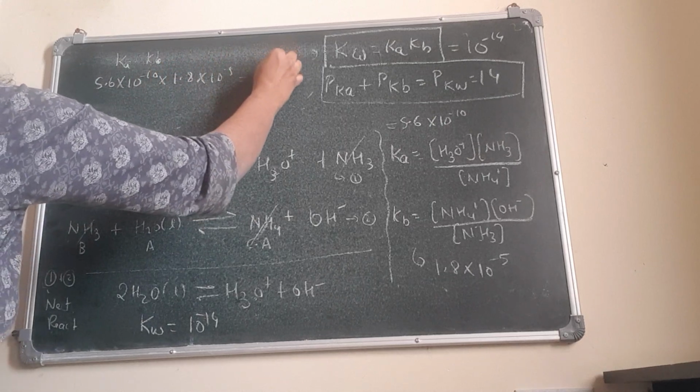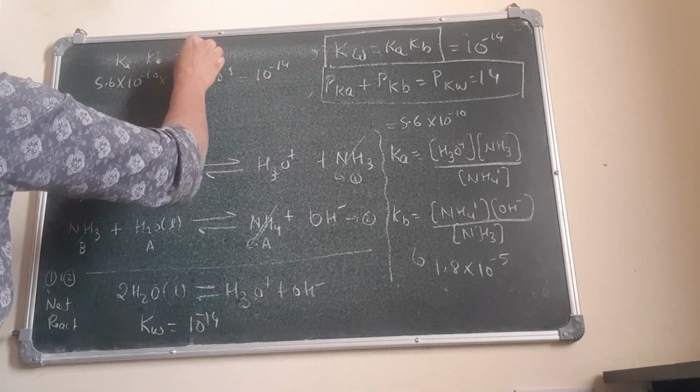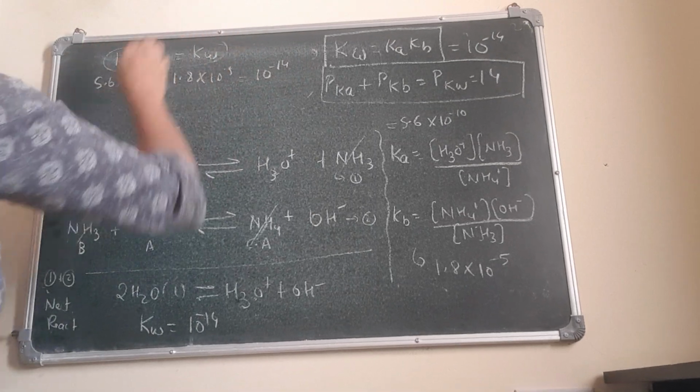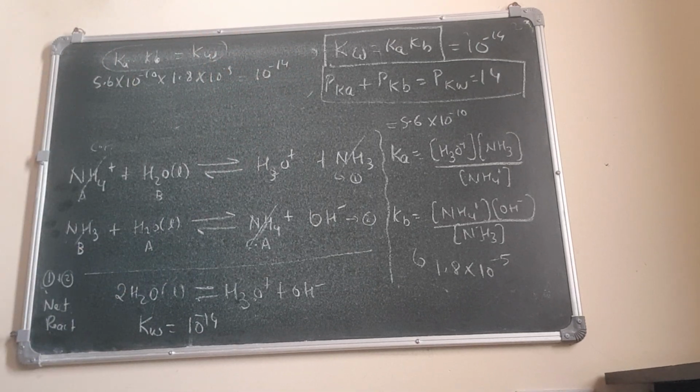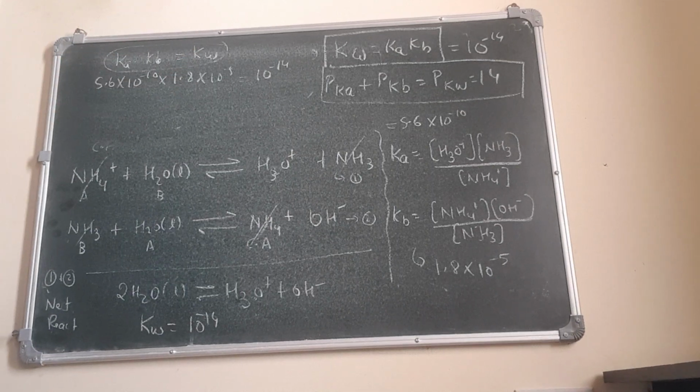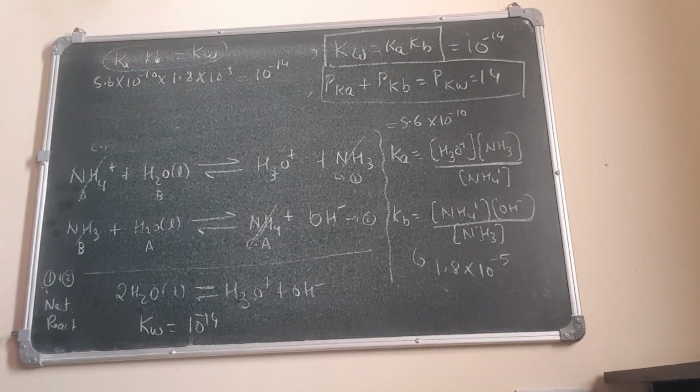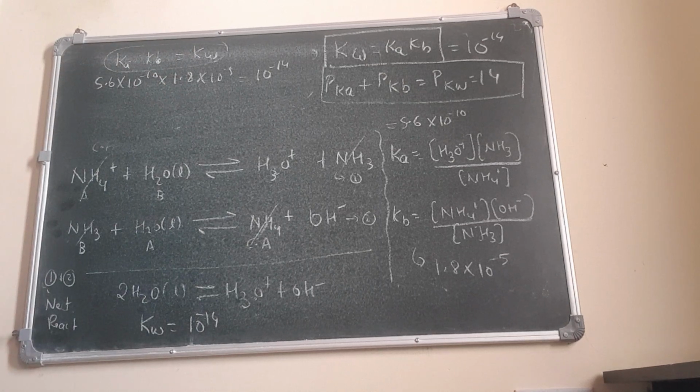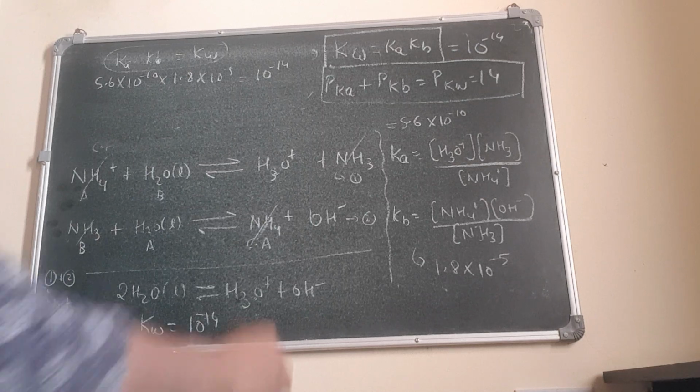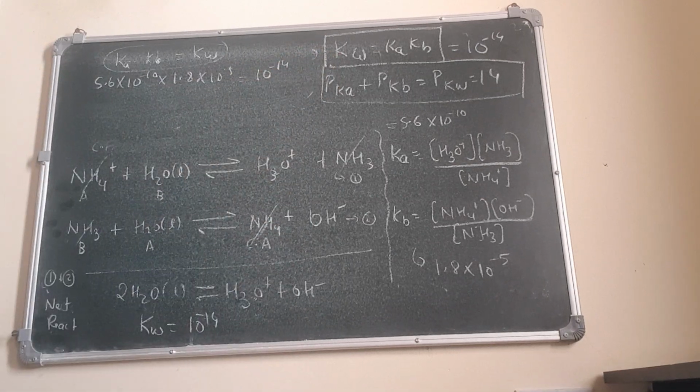I was getting 10 power minus 14. So that is how I concluded that the product of Ka and Kb is going to be Kw. Yes. Now, most important thing here is, this is a net reaction, like I said, you need to remember.